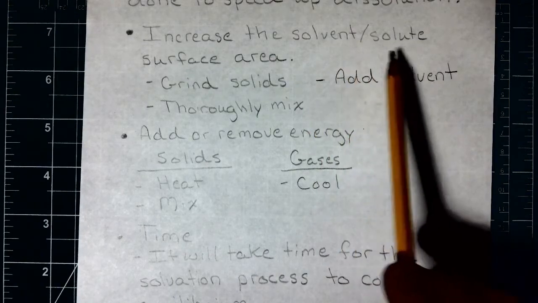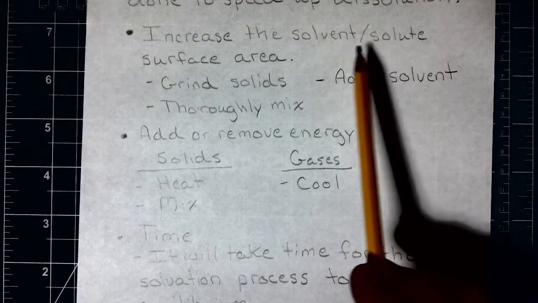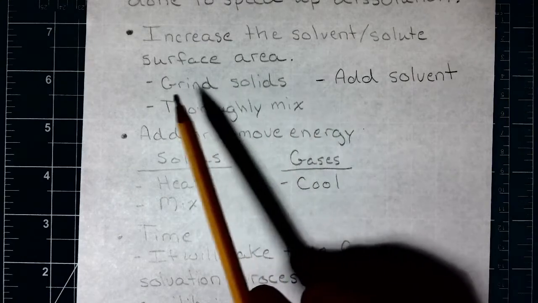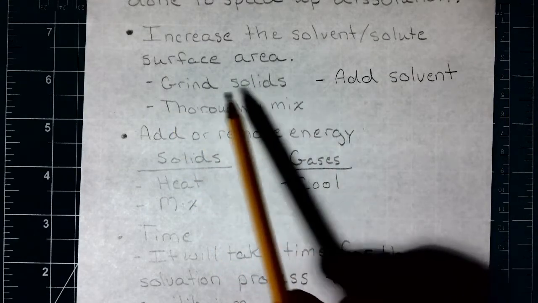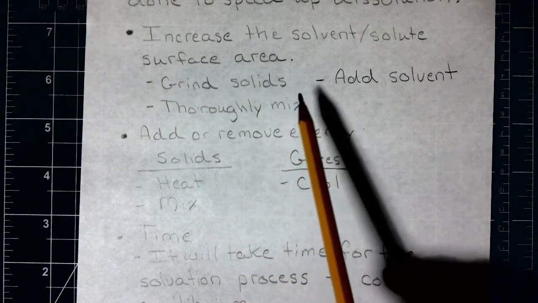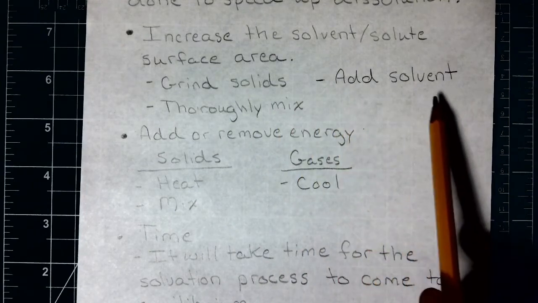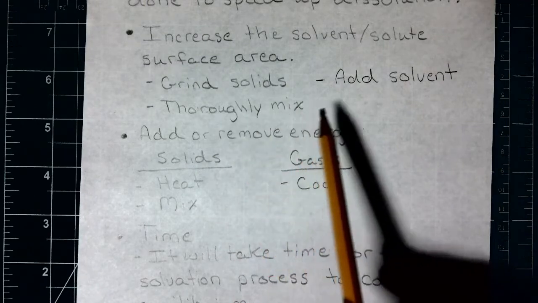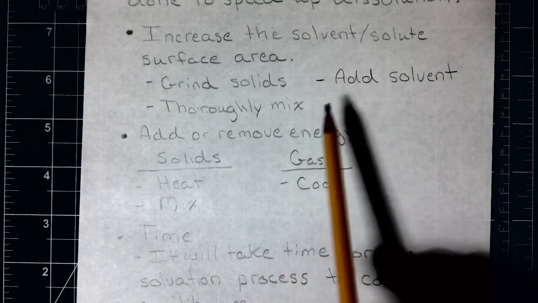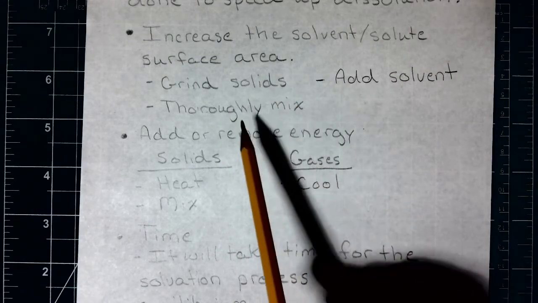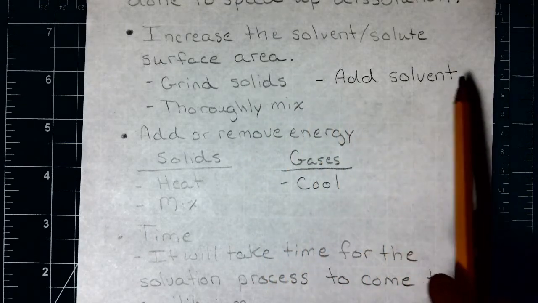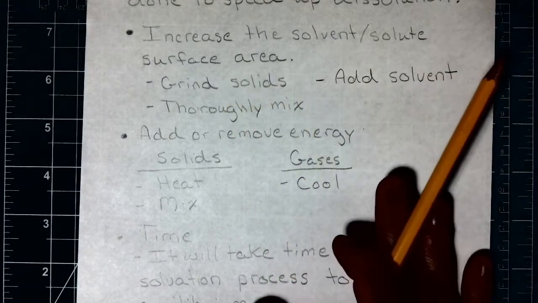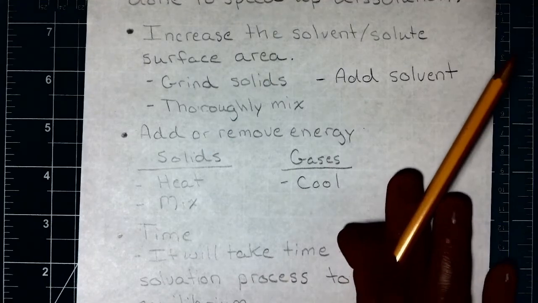If you make that interface bigger by, say, grinding up a solid so that it has more surface space exposed to the solvent, or by thoroughly mixing it so that the solvent is constantly moving over our solutes, you're going to be able to get better dissolution that happens a little bit more rapidly.